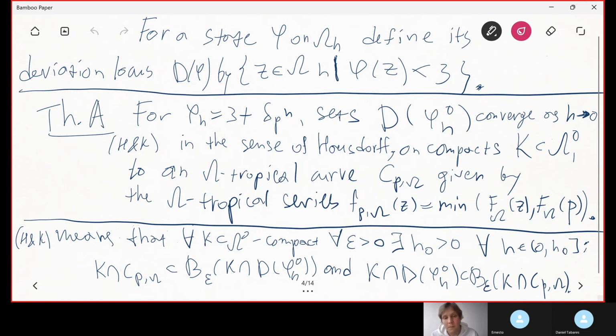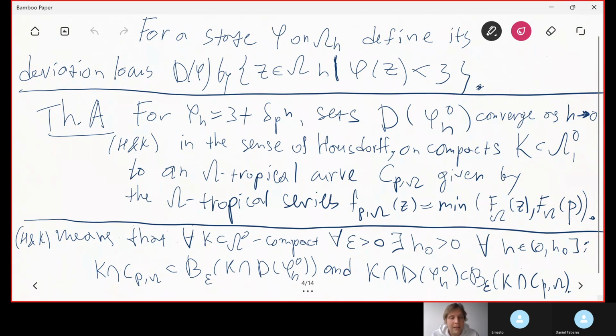Deformation by introducing the constant term. And here I need to tell these technicalities: this H on K convergence, Hausdorff on compacts, means precisely what's below on this slide.